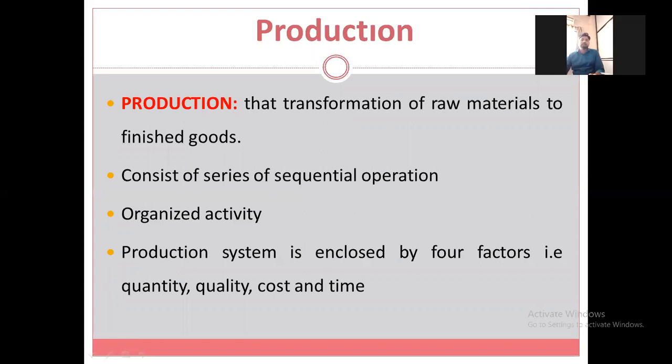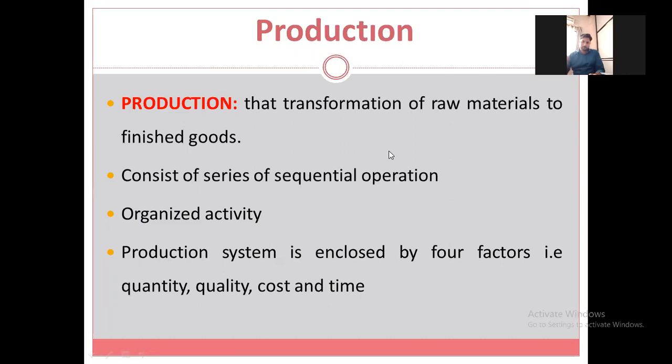That is nothing but production. While doing the transformation from raw material to finished good, we have to follow some steps, and those steps are called operations. Each step is called an operation.